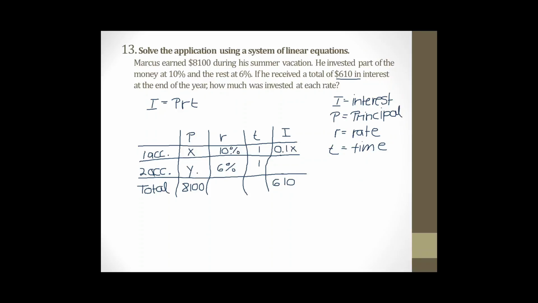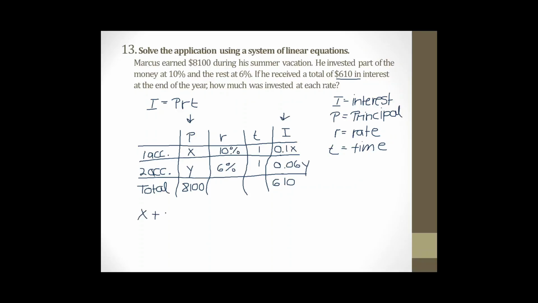And then for the second line, I'm multiplying these together, again converting this into a decimal. So y times 0.06 times 1 gives me 0.06y. Okay, as you see now, these are totally filled out, so I have two equations, because if I take the first account principal and I add the second account principal, I will get my total, one equation.